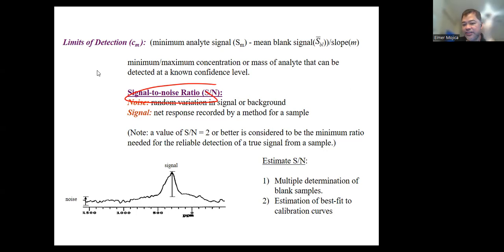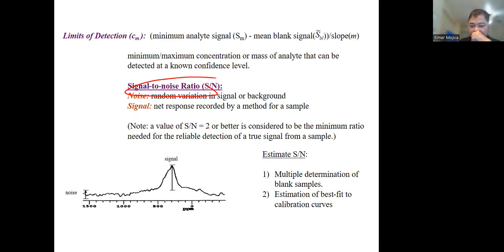So typically, it is 2 to 4 above the signal to noise ratio. So if you're going to look at the signal to noise ratio here, you're looking for 2 or better to be considered the minimum ratio needed for a reliable detection of a true signal from the sample.